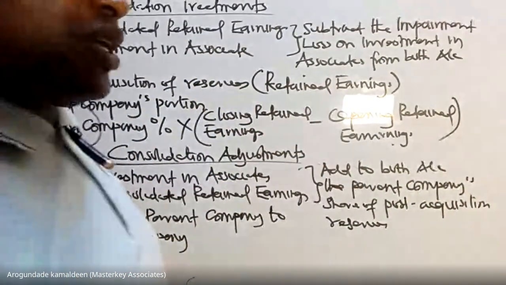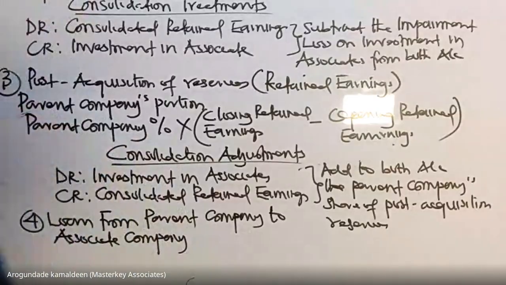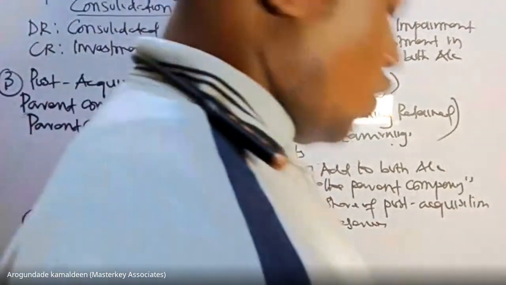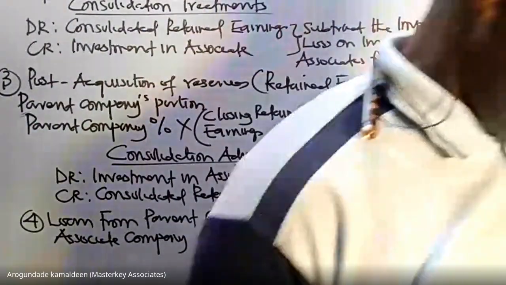You can add it to your investment in associate. That is the first treatment. Secondly, you may decide to show it separately under the non-current assets as loan investment.